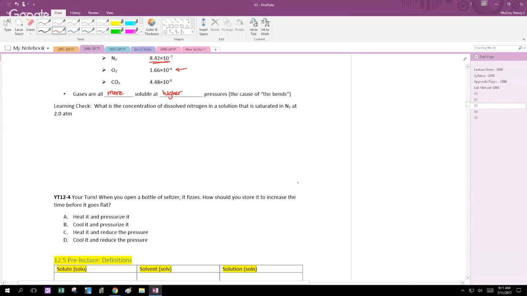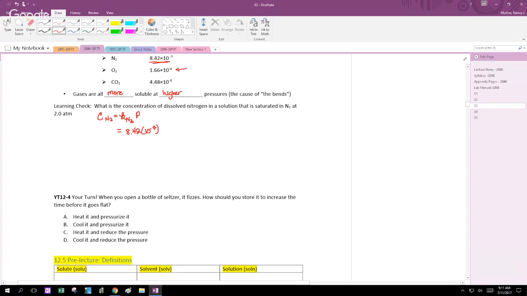Excuse me. So quick calculation here. What's the concentration of nitrogen that can dissolve? If it's saturated at 2 atmospheres, it's just a plug and chug. Our Henry's constant for nitrogen and our pressure, 8.42 times 10 to the minus 7.